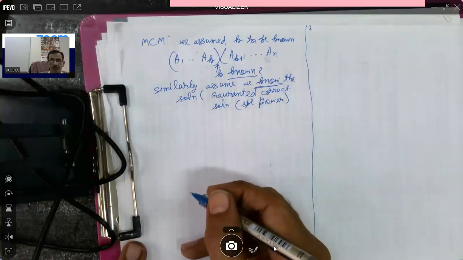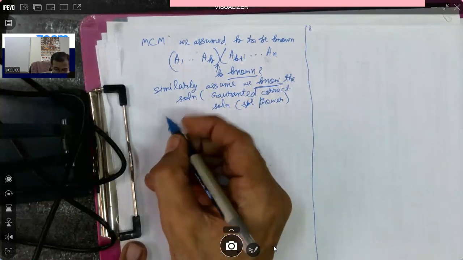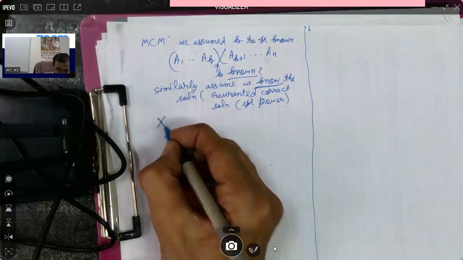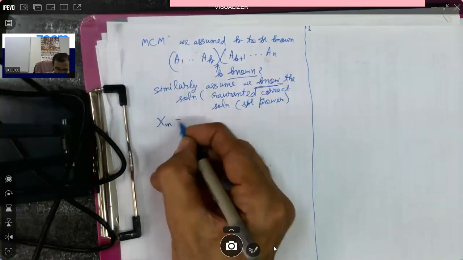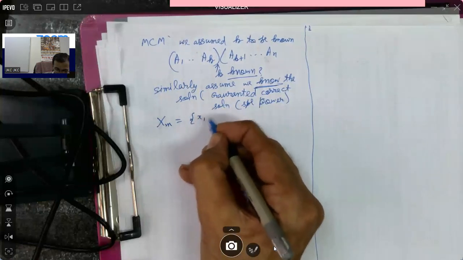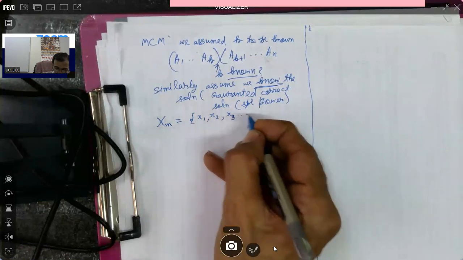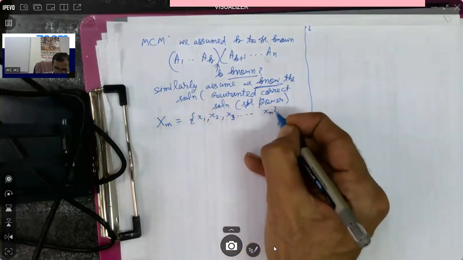If I know this, I will say, let's assume some notation and then understand. Let's assume I use a capital X with M to say that it is a string consisting of x1, x2, x3, up to xm as alphabets.